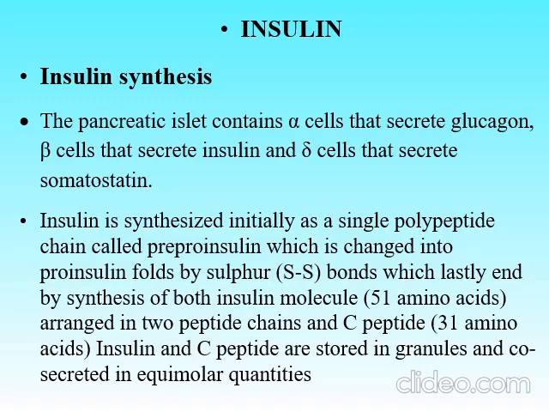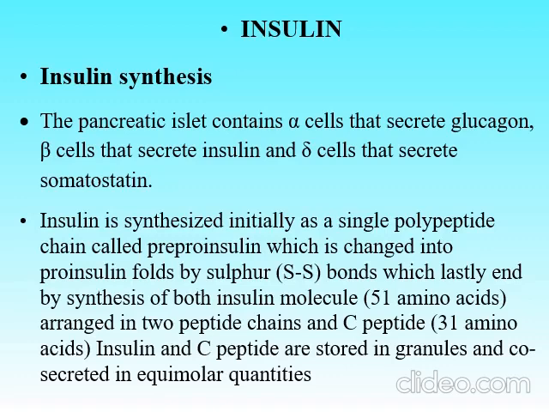Insulin is synthesized initially as a single polypeptide called pre-proinsulin, which changes into proinsulin, followed by cleavage of the sulfur bonds, which lastly ends with the synthesis of the insulin molecule, 51 amino acids arranged into peptide chains, in addition to C-peptide, a 31 amino acid separate chain.